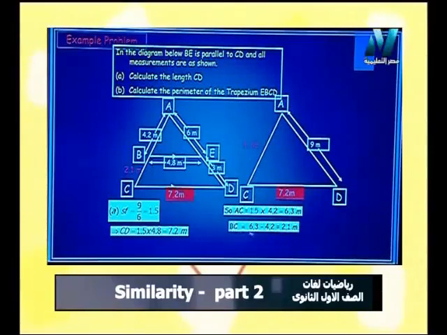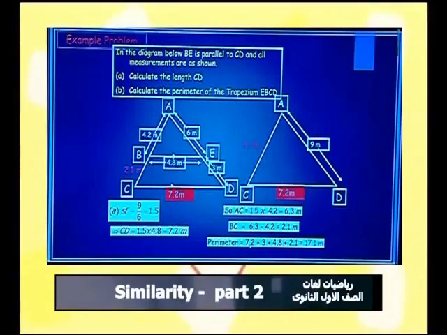We have here BC. Where is it? BC equals 6.3, which is the total side AC, minus 4.2, which is AB. So the answer of BC equals 2.1 meters. To find the perimeter of the trapezium EBCD, we have to find the sum of the lengths of the sides.